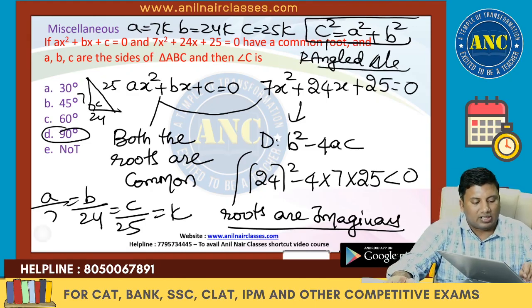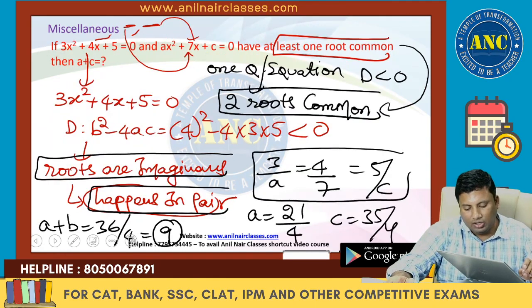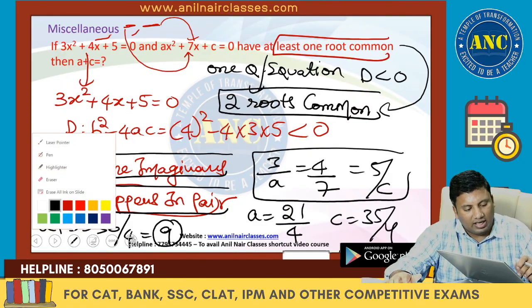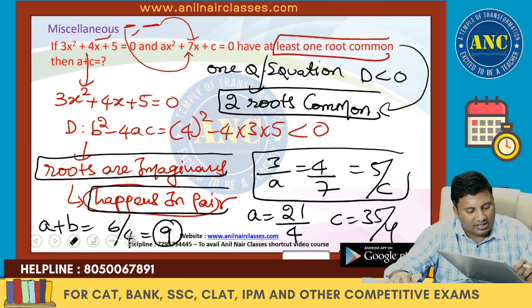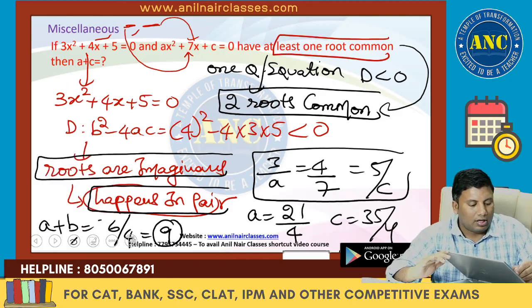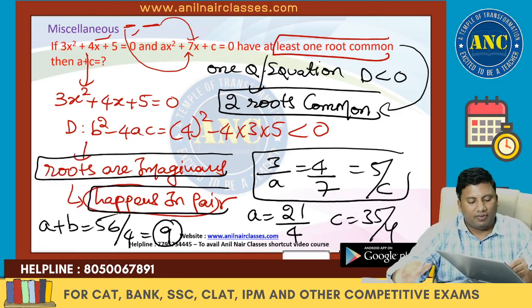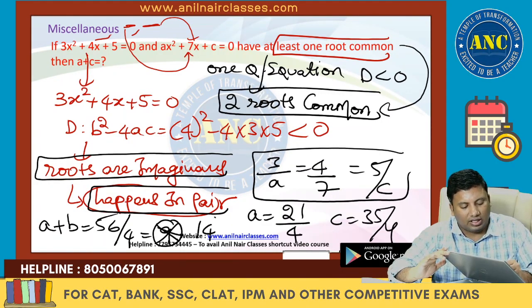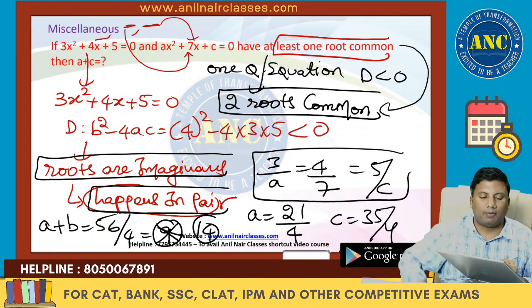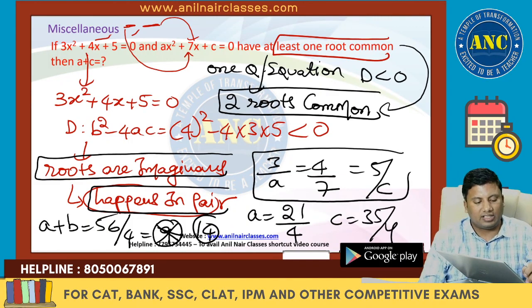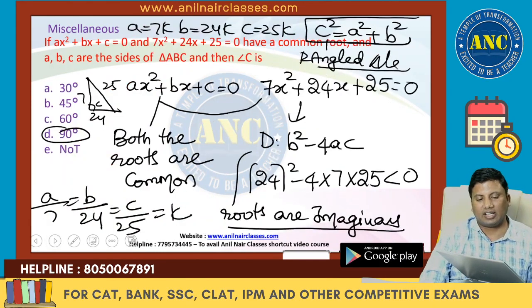I hope it is clear. So this is not 36, sir. It is 56. 21 plus 35, 56 by 4 is nothing but 14. I hope it is clear. So the answer is 90 degrees.